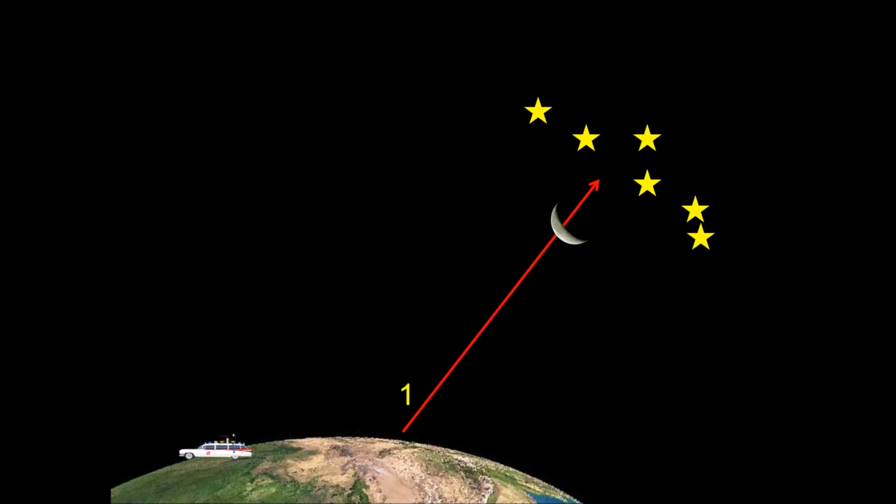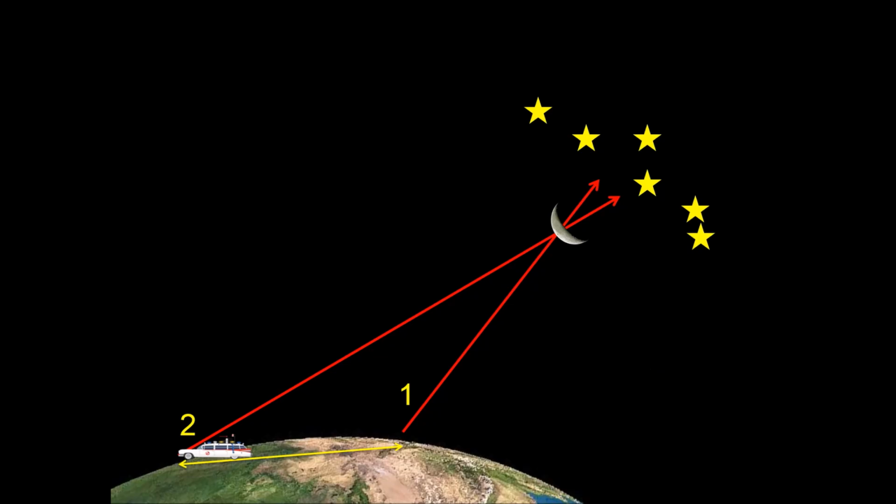Even moving a very long distance, the diameter of the moon is very, very large. So you won't actually see much of a change in position, even though your perspective has changed and you are observing the moon from a different angle relative to the diameter of the moon, you won't see much shift.